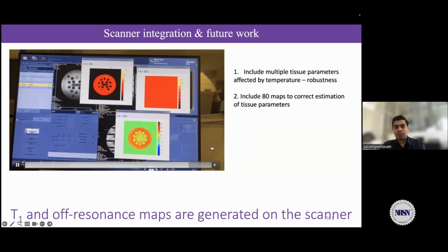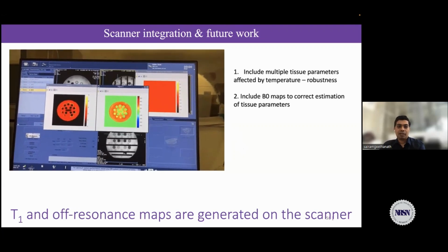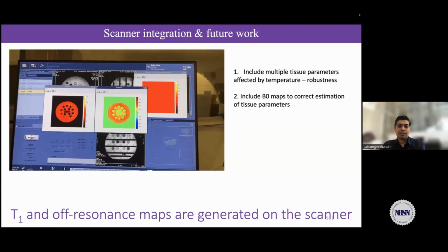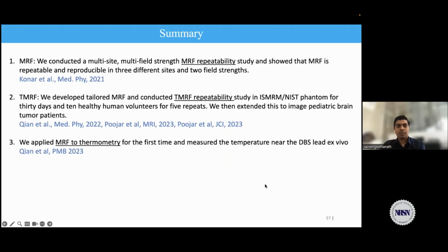The images should pop up anytime now. What you're seeing is, for the phantom, we're generating a bunch of T1, T2 maps and an off resonance map, because the phantom is homogeneous and we basically offset the whole thing. But that's something that we've been able to do.